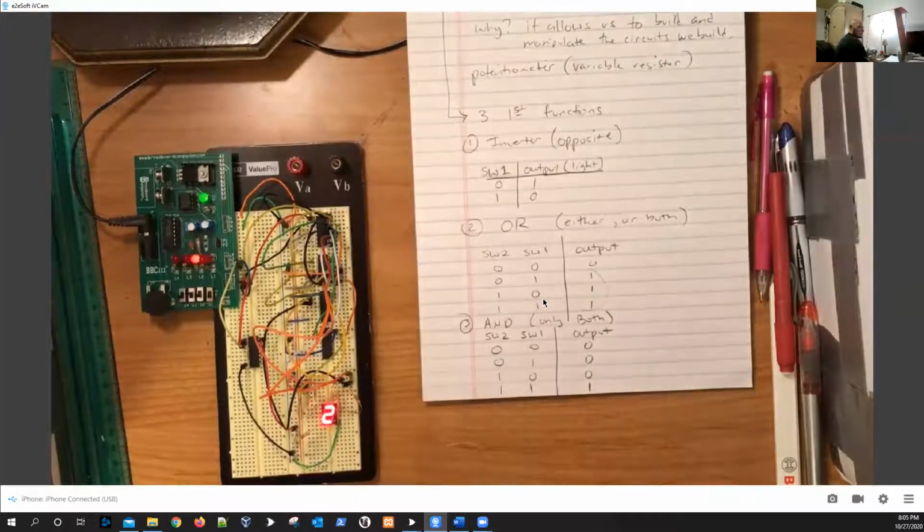So now let's get to the grand finale, and I wanted to show off this lab. We talk about how to design a circuit like this.